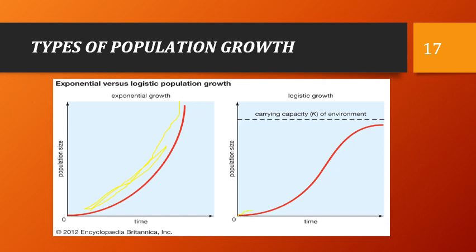When we say logistic growth, it has something to do with the carrying capacity of the environment. When we say carrying capacity, of course, we are pertaining to a certain number of species that our environment could actually cater.